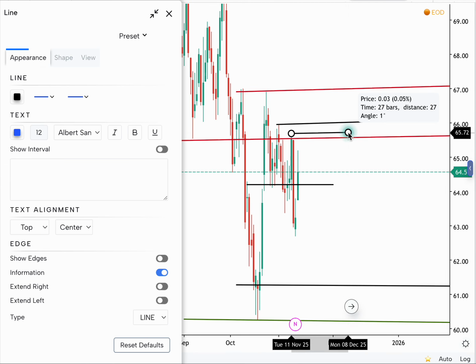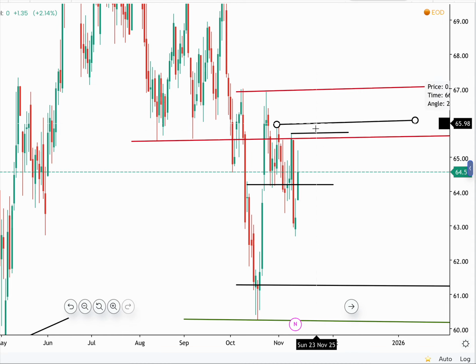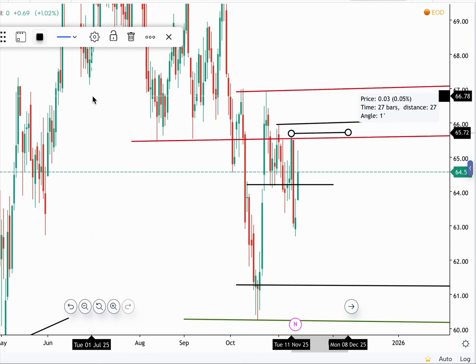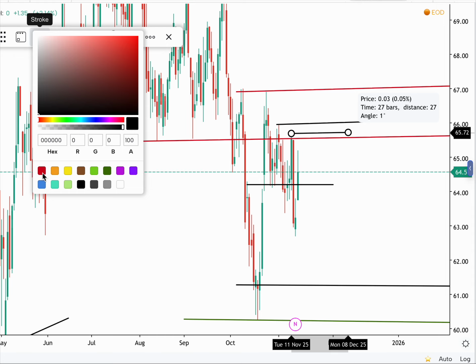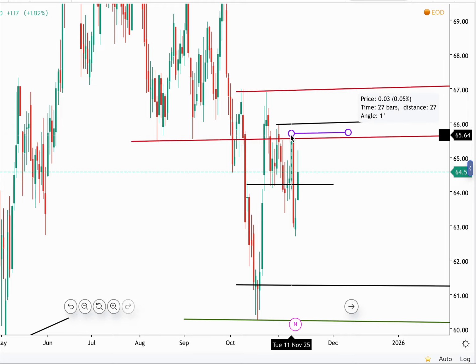We always look for low highs and high lows in consolidation. That's key. Sorry, it's a low high. Okay, it's a low high.